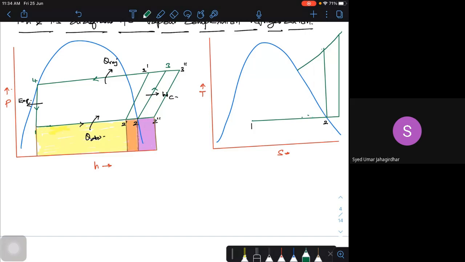So I can represent anywhere 2 dash, 2 double dash like this. That is your 2, this is your 2 dash, 2 double dash. This is your 3, 3 double dash, 3 dash.